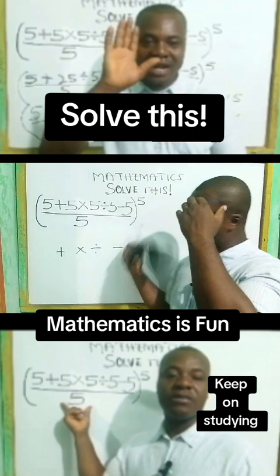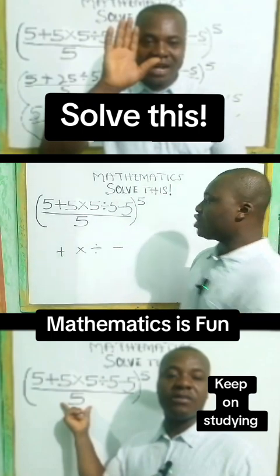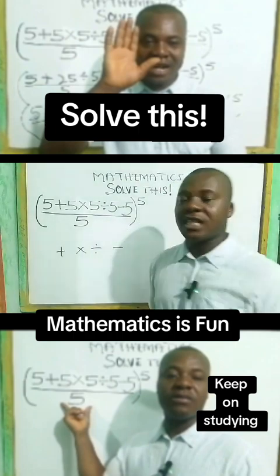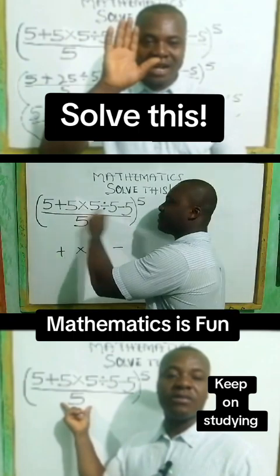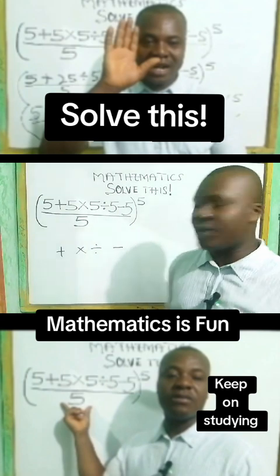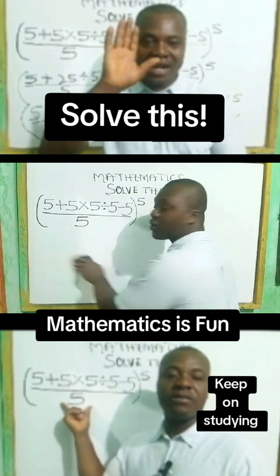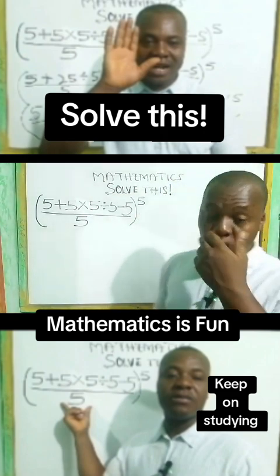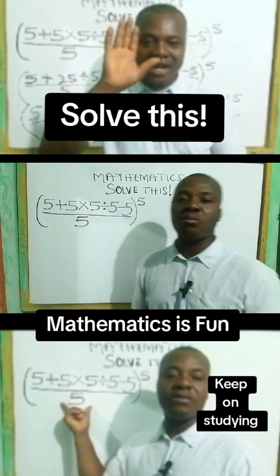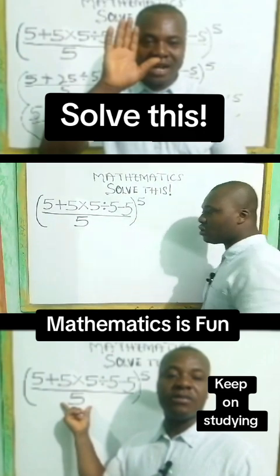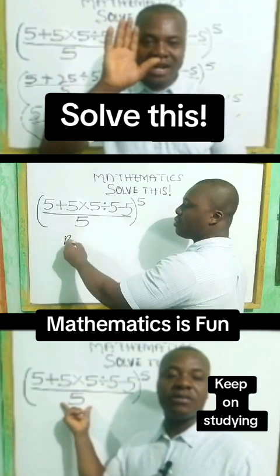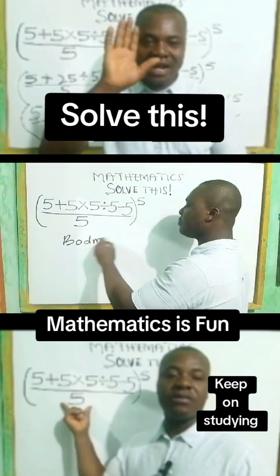Before you solve these equations, you don't go according to the operators, working plus, times, and division, then minus. When you do it that way, you are going to get a wrong answer. So we use what we call BODMAS.